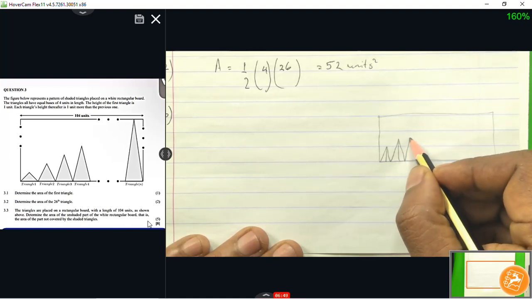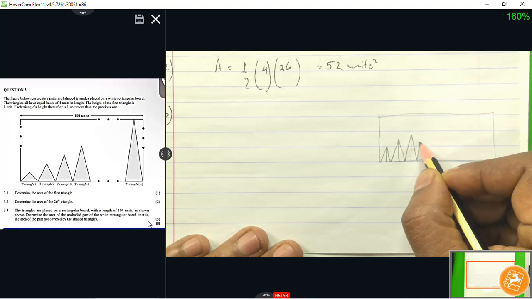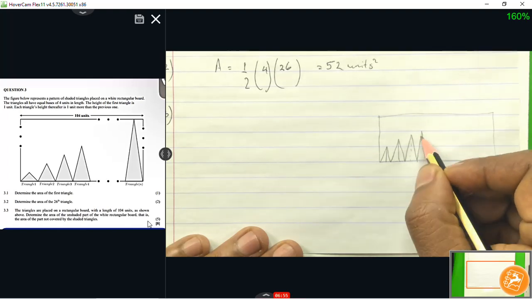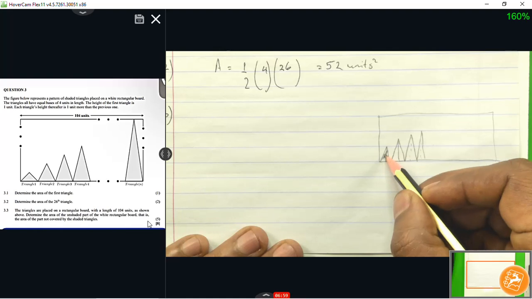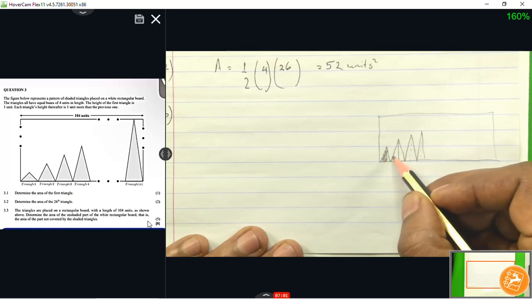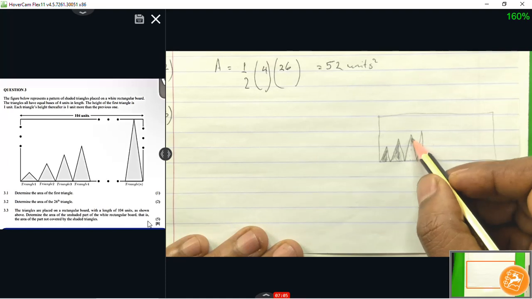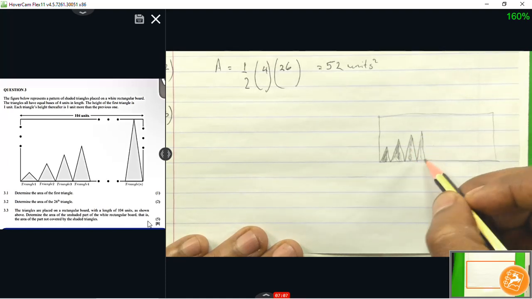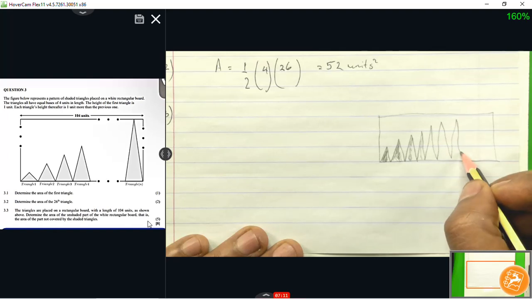This one is 3. This one is 4. So what is happening now? Each part of these triangles is making the board to be darker, isn't it? So the board will be darker, something like this. Okay.